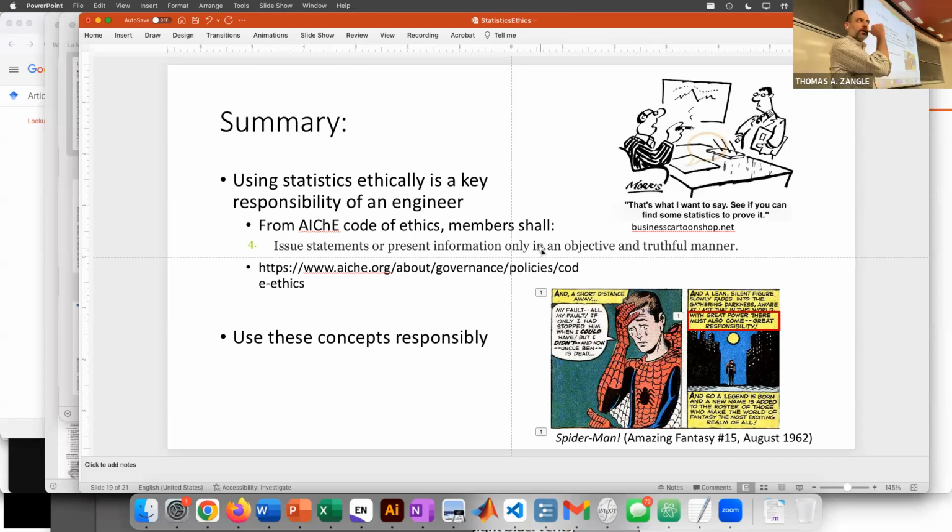And definitely some of the things that we talked about today on problems with statistics would go against this policy. And so we've talked about a lot of different things in this class about how to do different types of statistical analysis.